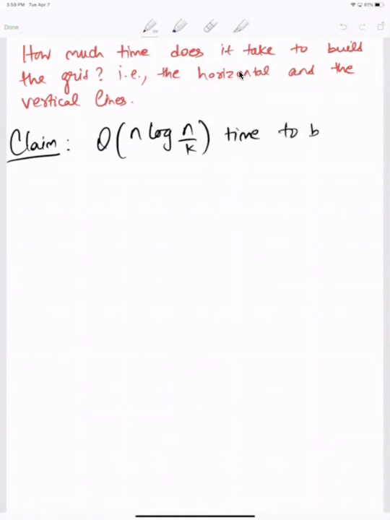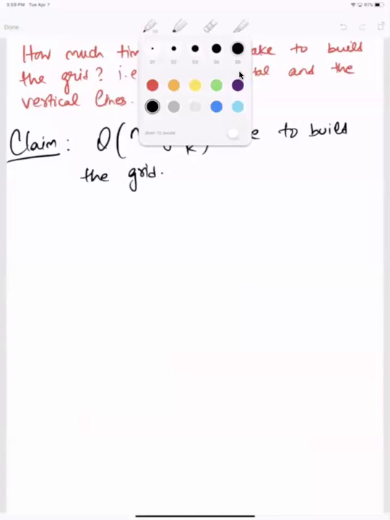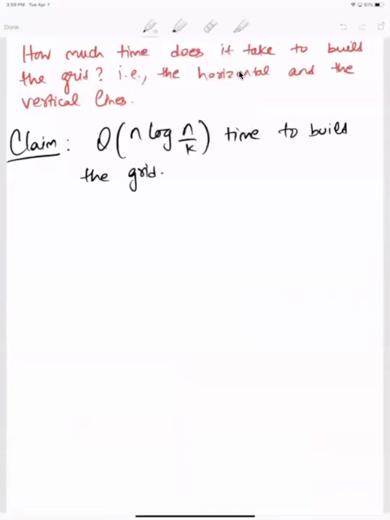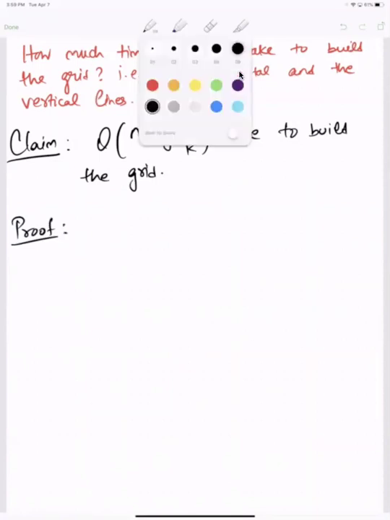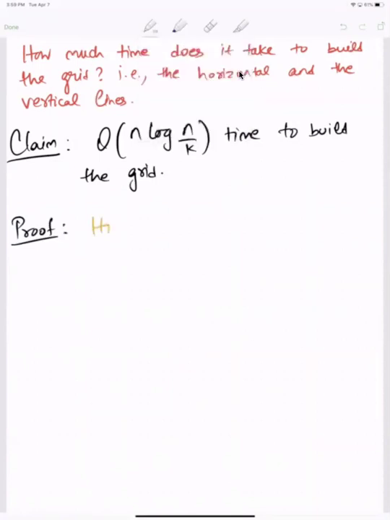The claim is order of n log of n over k time to build the grid. Again, the proof I'll leave as an exercise. The hint I can give is recursion.